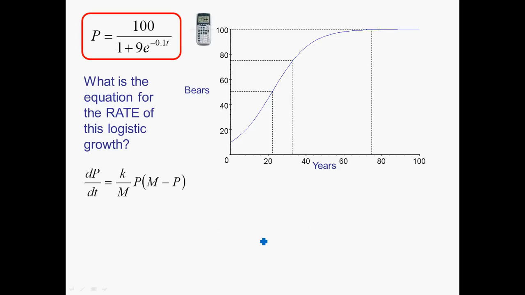Now, that was the equation for the population itself. What about the rate of the logistic growth? Well, since it's a logistic model, I already know the differential equation that goes with it.